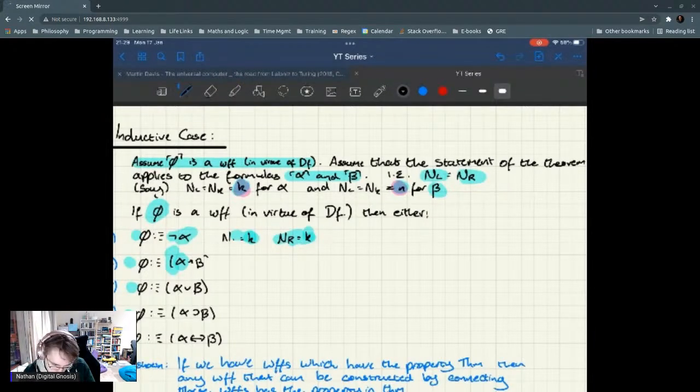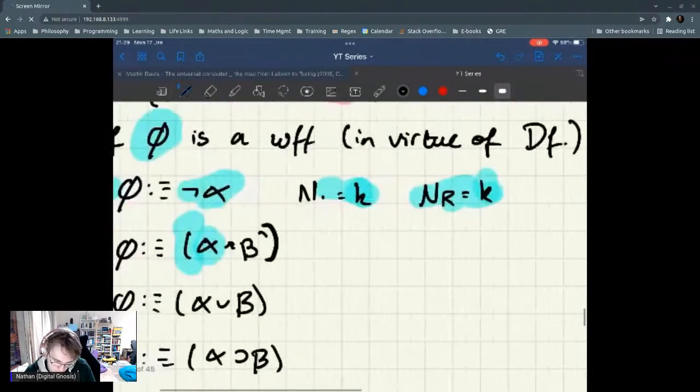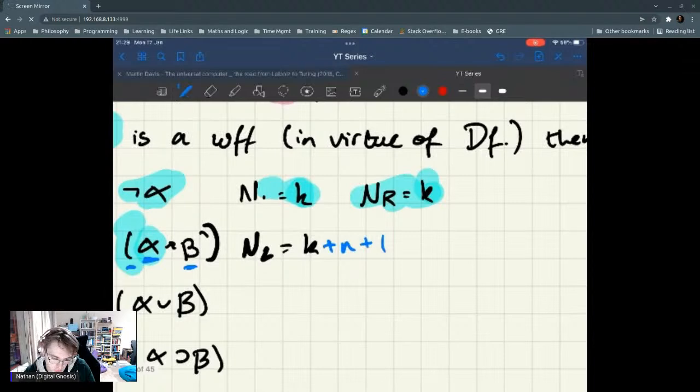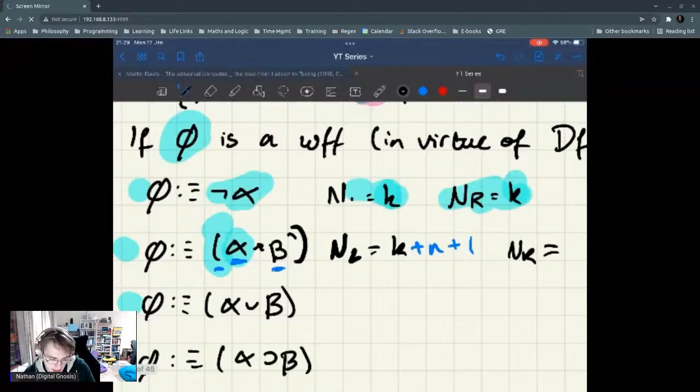So it's actually going to be that our number of left-hand brackets equals k, which is the number of left-hand brackets we have in alpha. And then it's going to be k plus n, right, which is the number we have in beta, and then plus 1, which is this one over here. And then if we go to look at the number of right-hand brackets, okay, we're going to have, again, k plus n plus 1, and that's that one on the right.